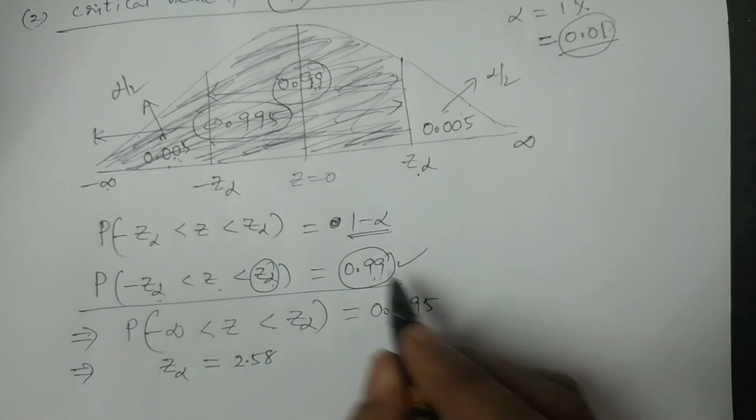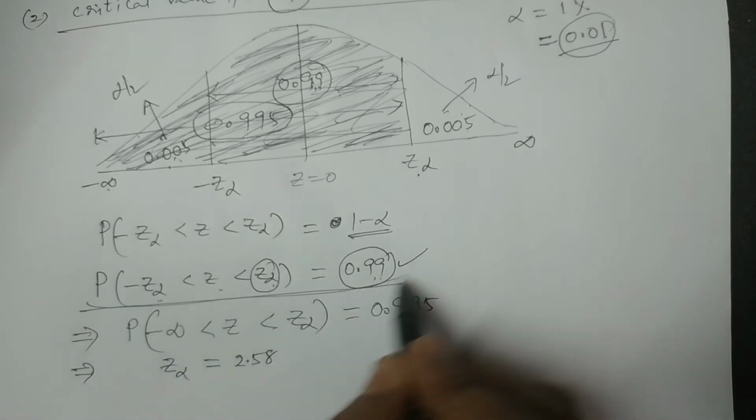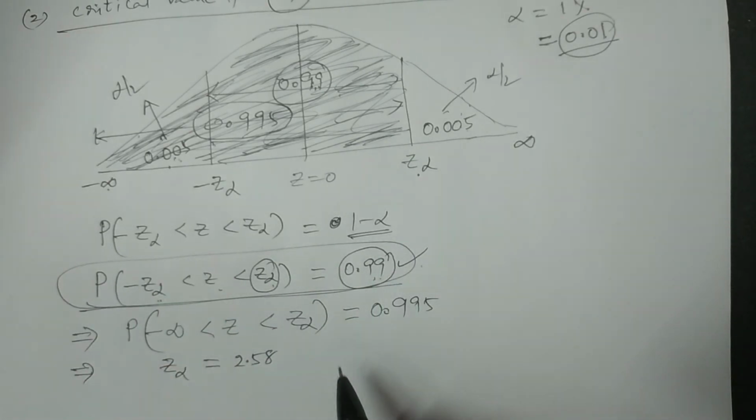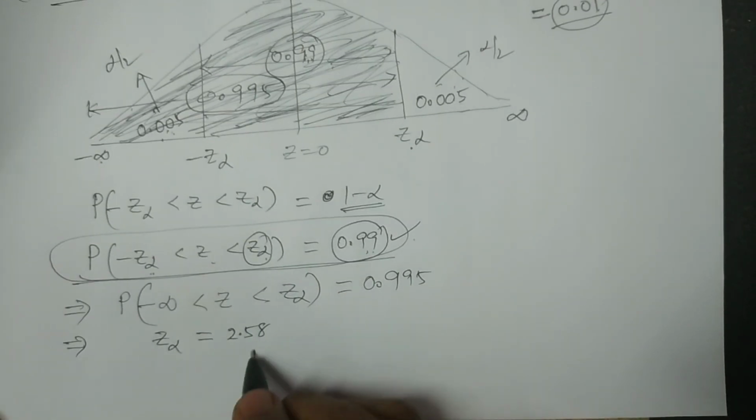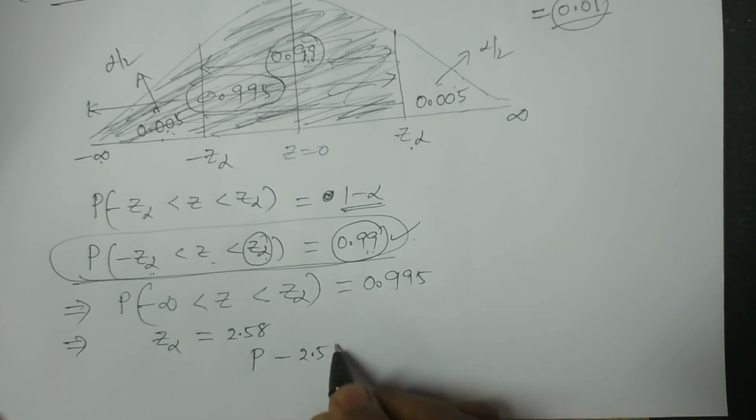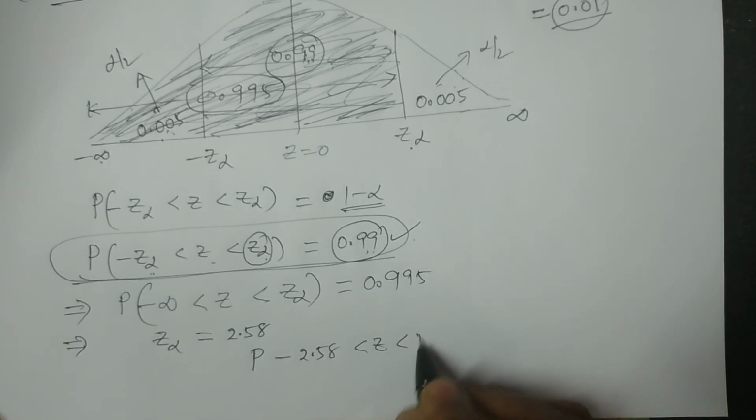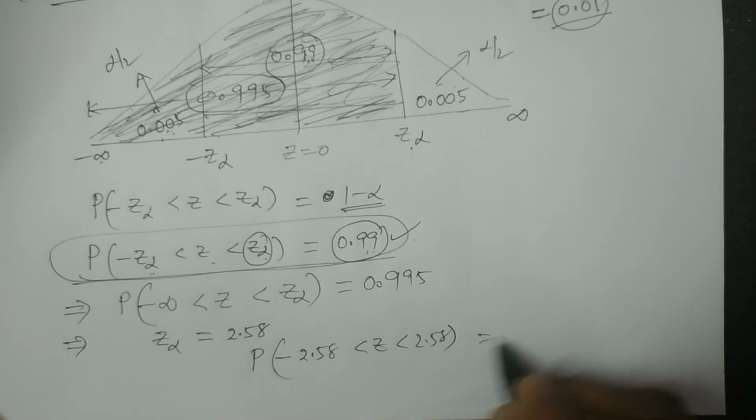Now I come back again to this equation, and I consider again probability of minus Z alpha, that is minus 2.58, is less than Z is less than 2.58, which is equivalent to 0.99.